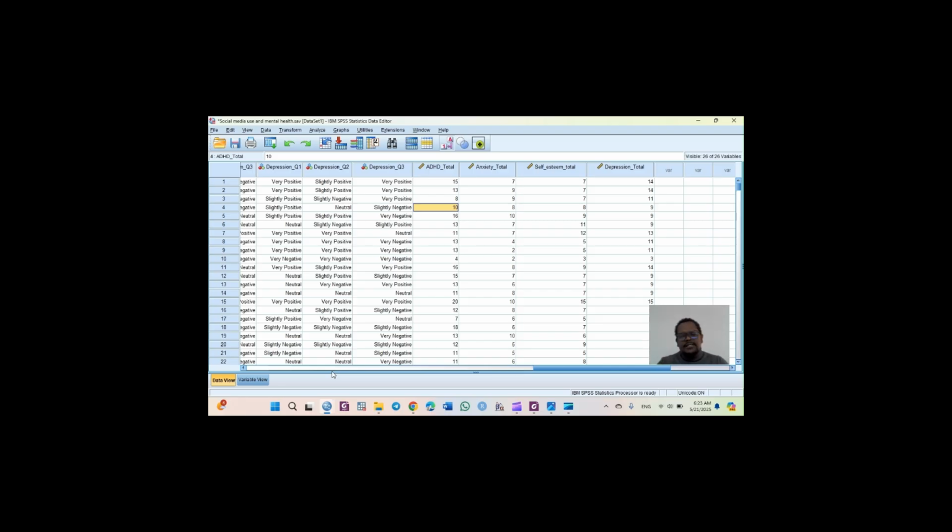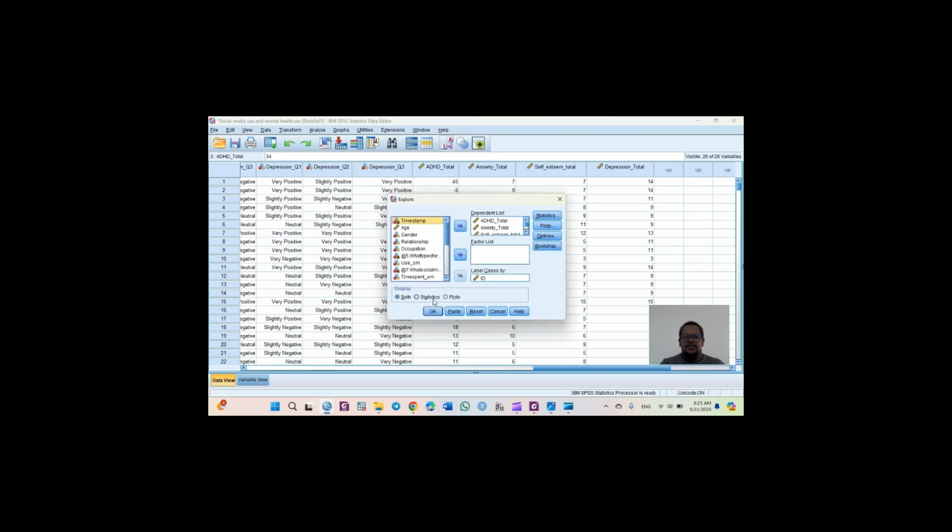Just let's change some values and see how they will be displayed in the box plot. For example, let's make this 45, let's make this negative 5, and let's make this 34, and run the Explore.